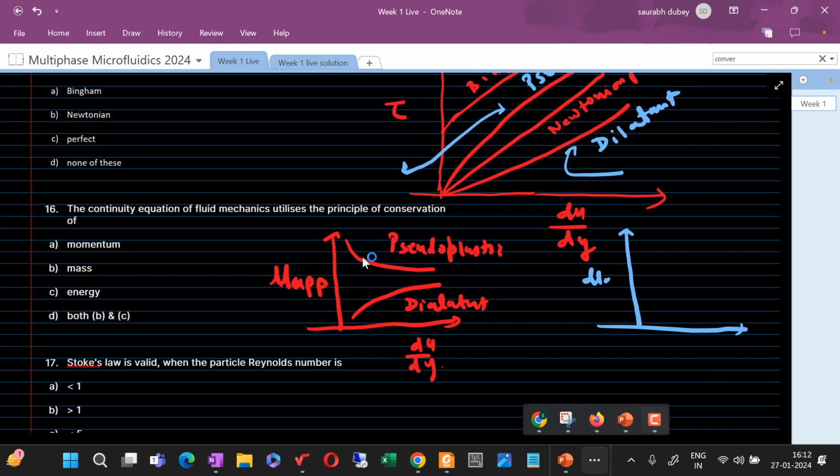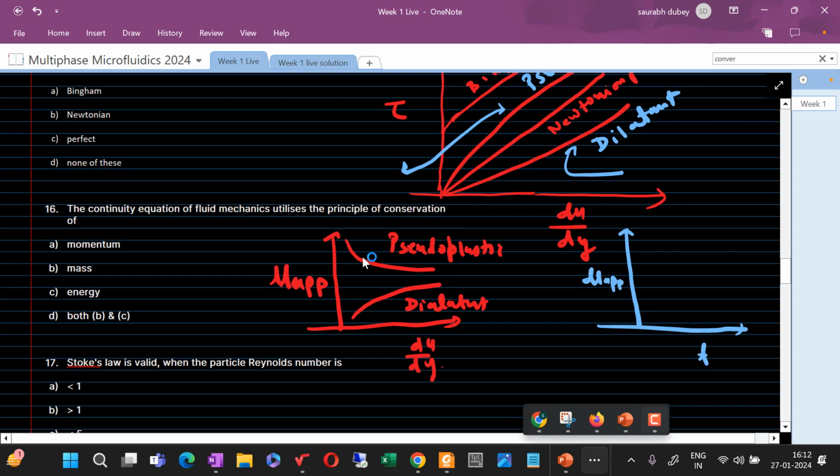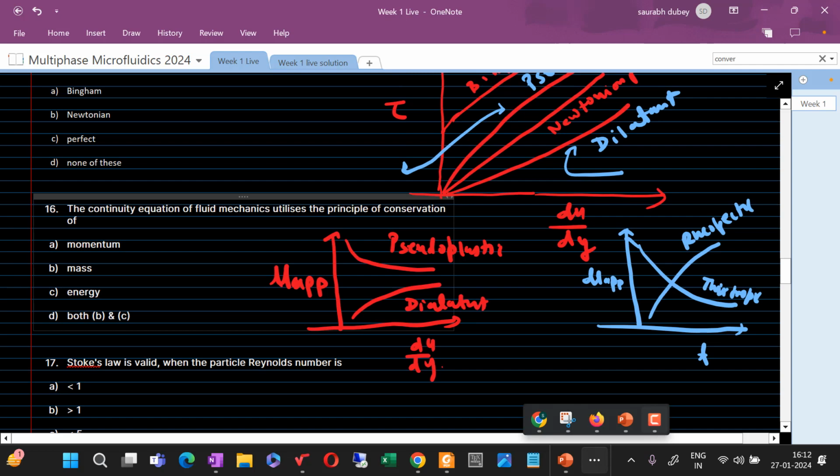And here, mu apparent versus time, when you plot, this is for the thixotropic, this is for the rheopectic. Rheopectic increases, and thixotropic decreases. But from this graph I think that question can be attempted.